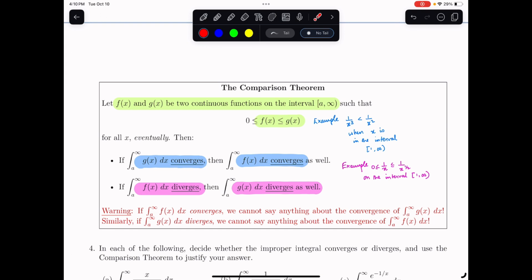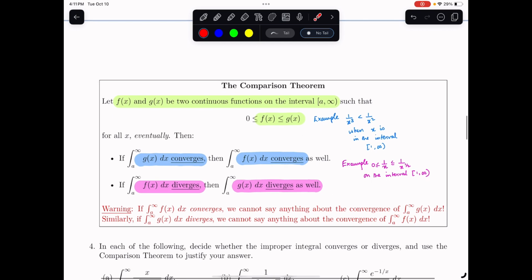So it's extremely important that we use this theorem in the correct direction. If you are trying to show that a particular integral converges, try and find something bigger that converges. And if you're trying to show that an integral diverges, then try and find something smaller that diverges, which will force the bigger guy to also diverge.